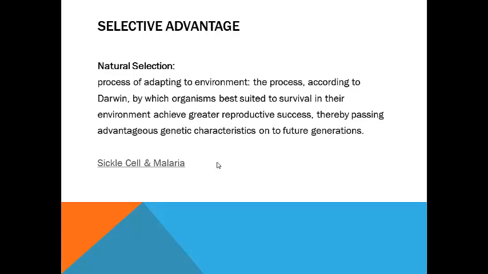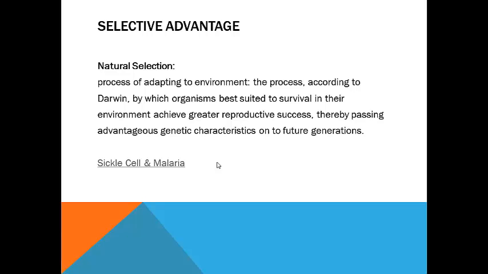Selective advantage. This is a very interesting concept, and we will be watching a video momentarily. Natural selection. This is the process of adapting to the environment. The process, according to Darwin, by which organisms best suited to survival in their environment achieve greater reproductive success, thereby passing advantageous genetic characteristics on to future generations.